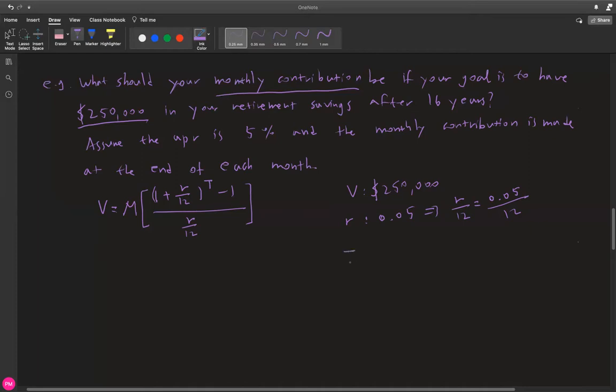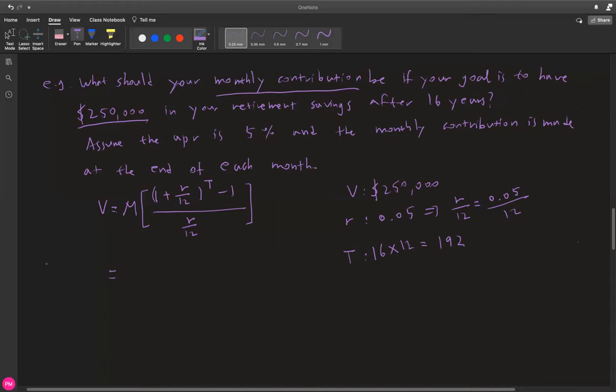And for the number of months of contribution, it is found by multiplying the 16 by 12. This is because there are 12 months and we're contributing for 16 years, and that's 192. So we actually know everything now.